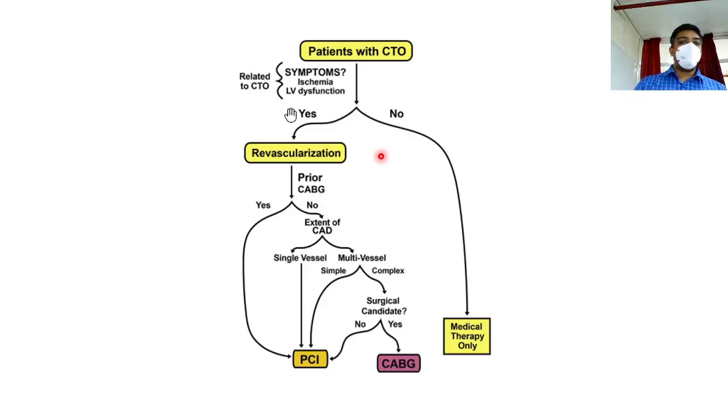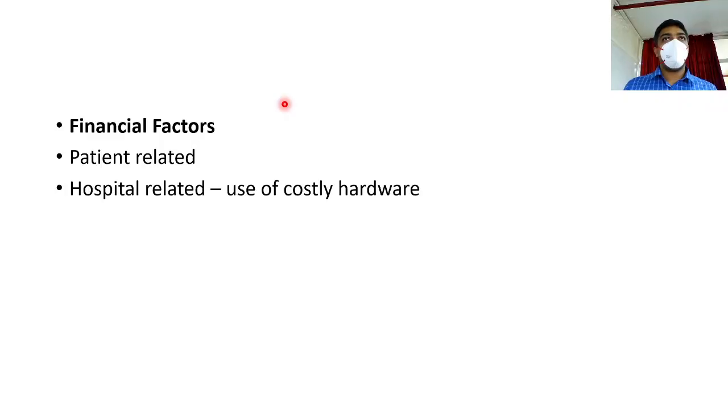So the general approach is a patient with a CTO. First we have to assess whether it's... Previously, it was said that if you revascularize, open up the CTO and establish flow, this may serve as a conduit for another part of the coronary artery which may occlude in the future.